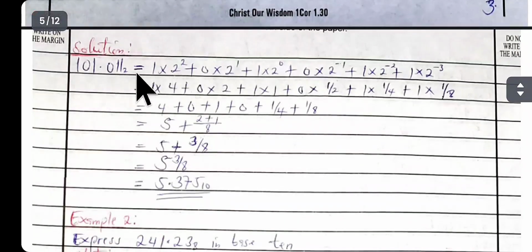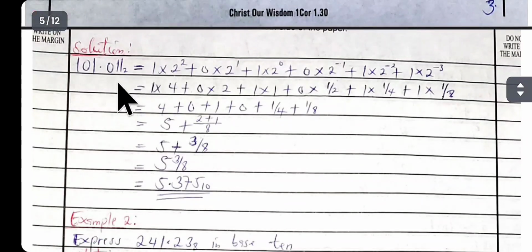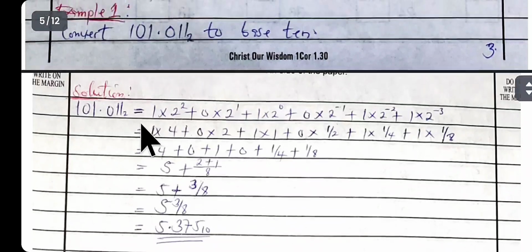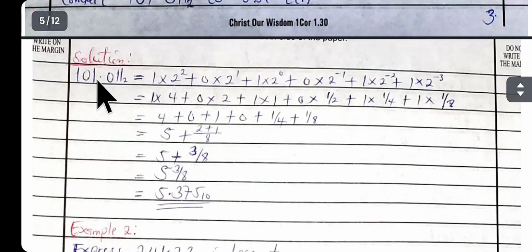So solution, this is how it is done. Now 101.011 in base 2 is going to be equal to the normal expansion method. I will show you where there is a little difference. So 1 times 2, which is the base, plus 0 times 2, plus 1 times 2.